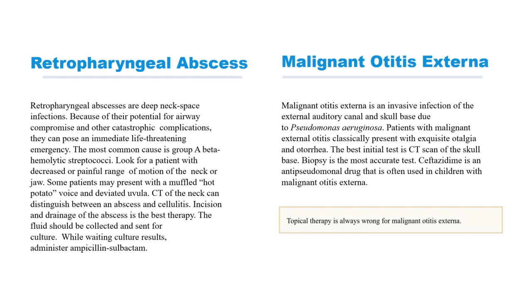CT of the neck can distinguish between abscess and cellulitis. Treatment is incision and drainage of the abscess, the best therapy, and fluid should be collected and sent for culture. While waiting for cultures, we need to administer ampicillin sulbactam.